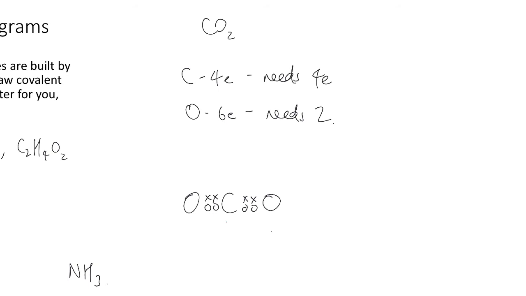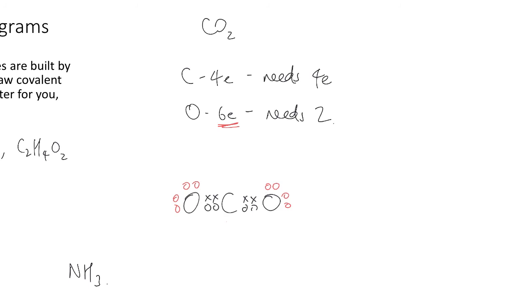The oxygen has 6 electrons in its outer shell, needs 2, and this one only has 2 electrons there, so it needs another 4. So I can do 1, 2, 3, 4. Whoops, shouldn't use X's, I should use O's, because that's what we're symbolizing. And this one here will be O's as well, because it's exactly the same situation. Okay, and that's the electron configuration for carbon dioxide.